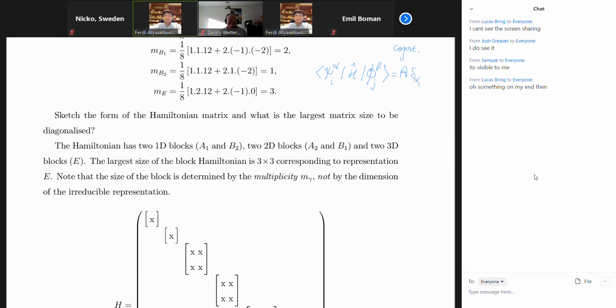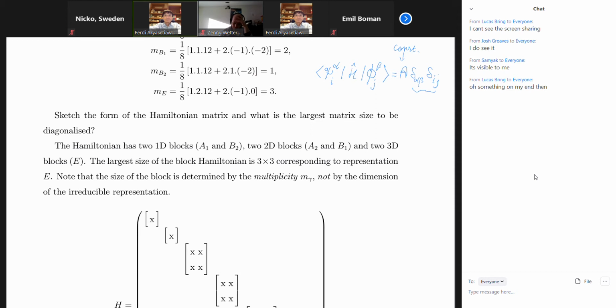Then we have the part that depends on the symmetry. So we say that the Hamiltonian is already diagonal.